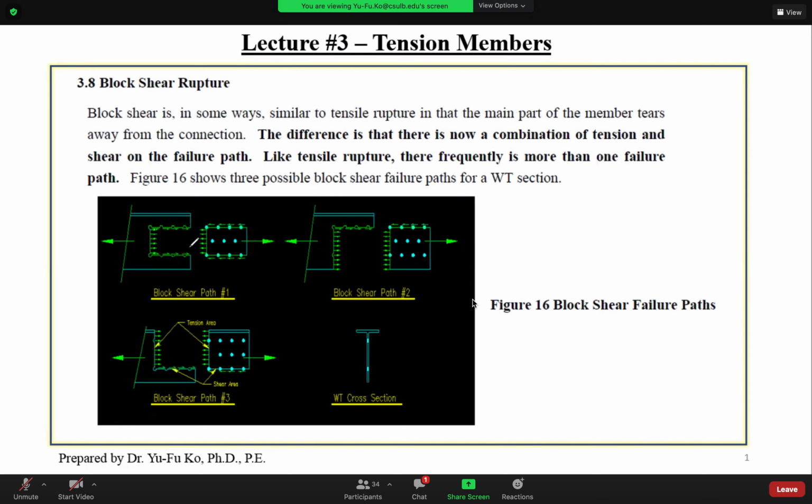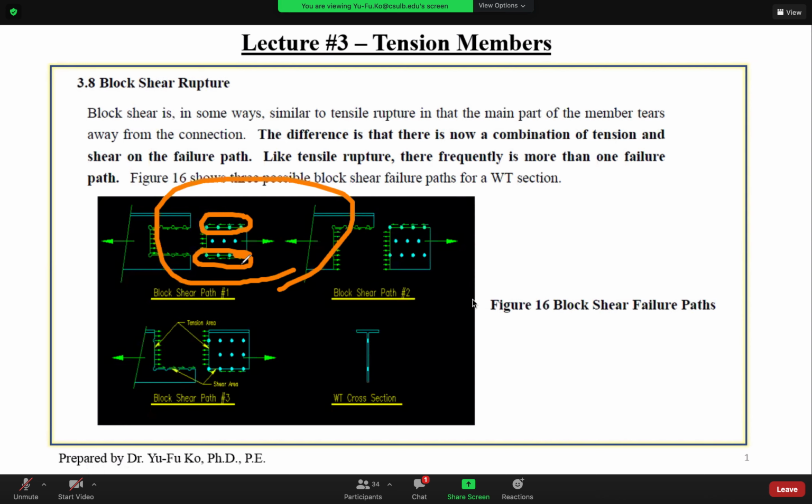How come we call it block shear? By the way it looks, a block of the member has been pulled out and ruptured. As you can see, under tension load, there is a combination of stresses happening. There are shear stresses and tensile stresses on the block. If you zoom in to this one, you will see that the shear stresses happen on the line parallel to the loading direction.